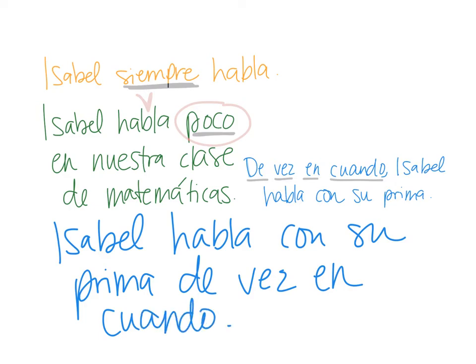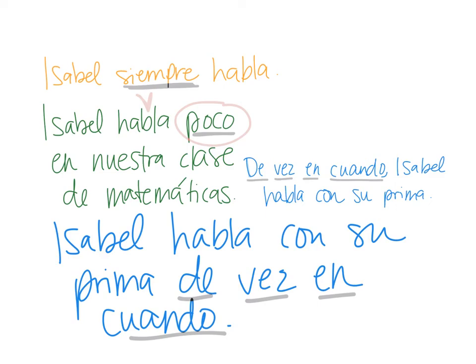So this is saying the same thing, but it's putting the adverb at the end of the sentence. So instead of saying once in a while, Isabel talks with her cousin, it's saying Isabel talks with her cousin once in a while. Okay? So those three, todos los días, a veces, and de vez en cuando, can be placed at the beginning or the end of the sentence, while mucho and poco are always placed directly after the verb, and then siempre, rara vez, and nunca are placed before the verb.